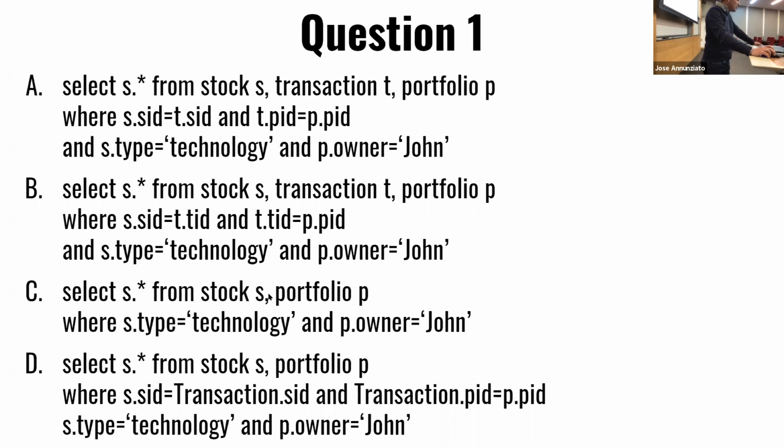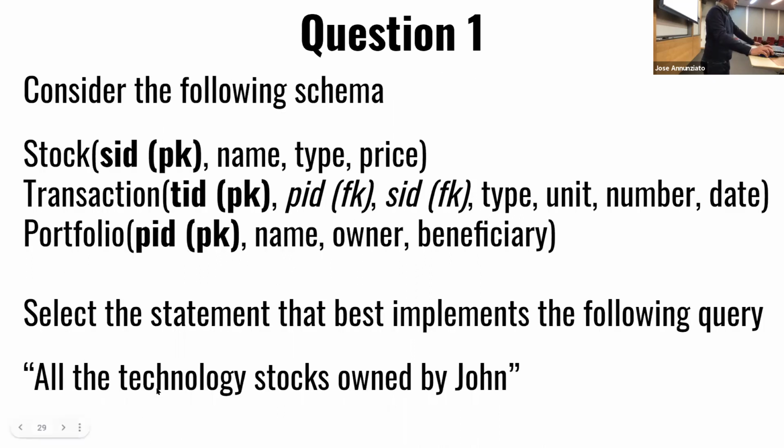Oh, notice here I'm only using 2, and maybe I can get away with 2. I don't know. Can I? Well, it says the technology stock owned by John. So owner is here in owner, and technology stock, that's a type that's in the transaction here. It's not clear whether I want the stock or not.